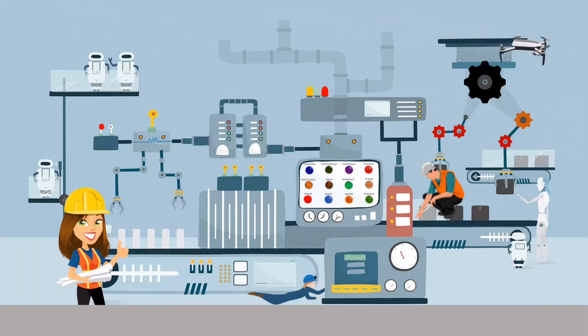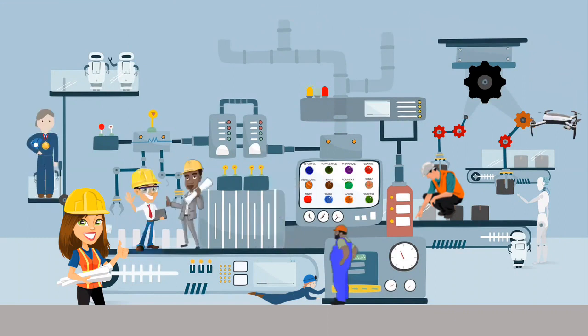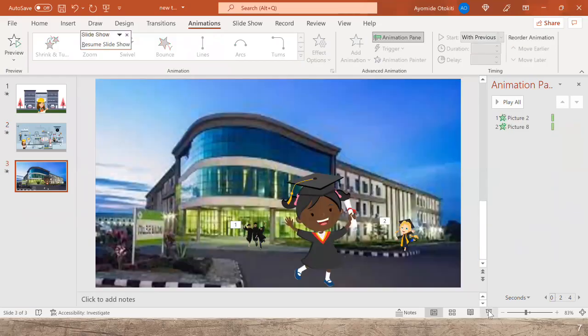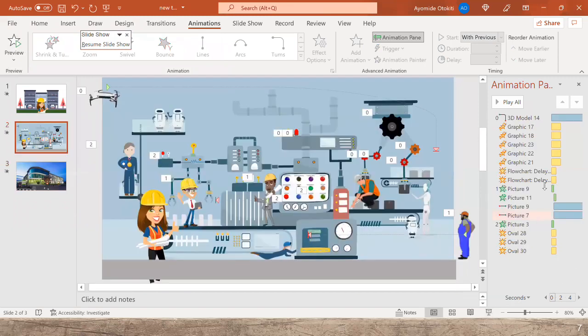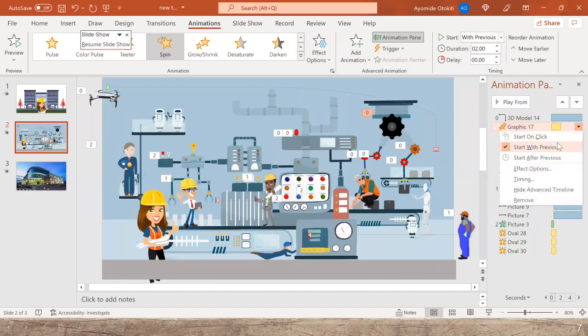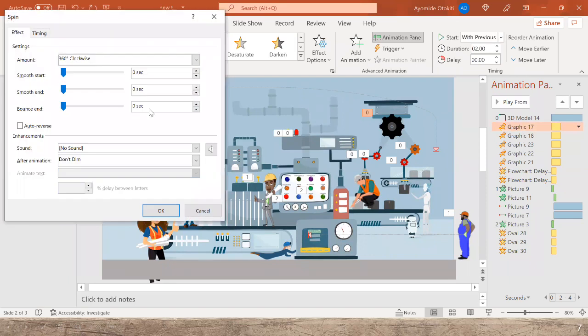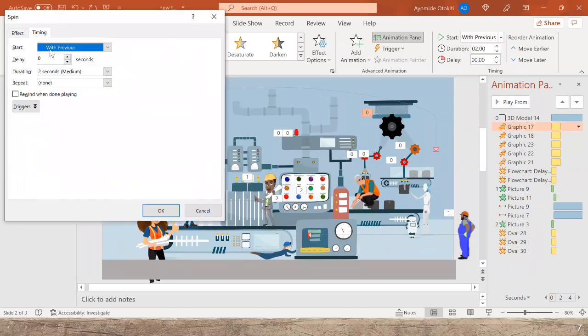You can see the drone. The drone is still looking too big, but I'm sure you can see it's coming right up to what we want. We still have some animations which are not moving, so we just have to make some corrections to that. This is meant to start with previous. So it's meant to start at the same time. So we'll go to effect options, timing.